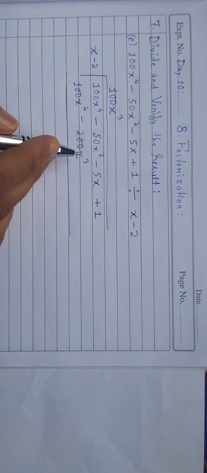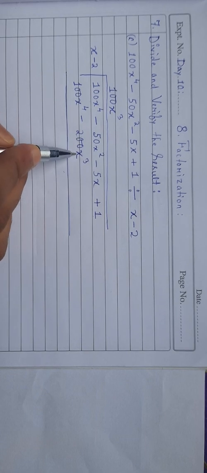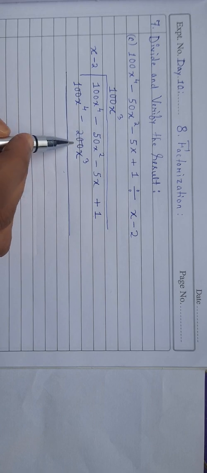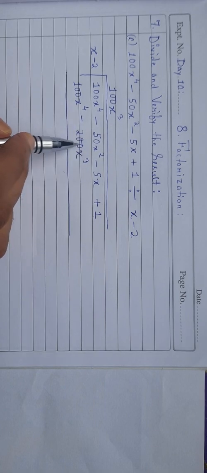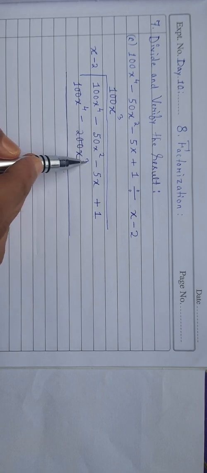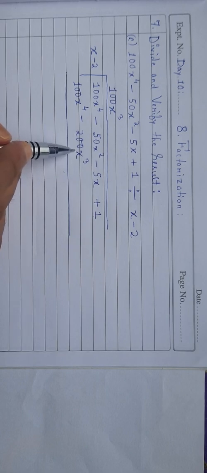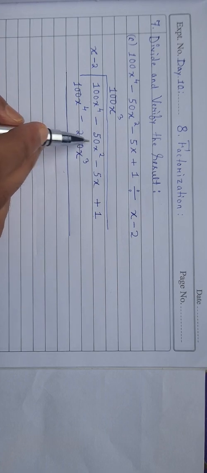Now one thing you have to remember, here it is 50x square and here it is 200x cube. Therefore these two terms cannot be added or subtracted, because only like terms are added or subtracted. So do not add or subtract 50x square with 200x cube, because this is an unlike term.